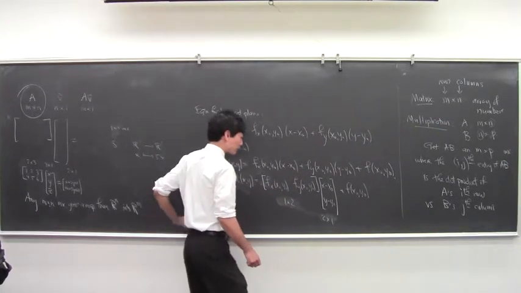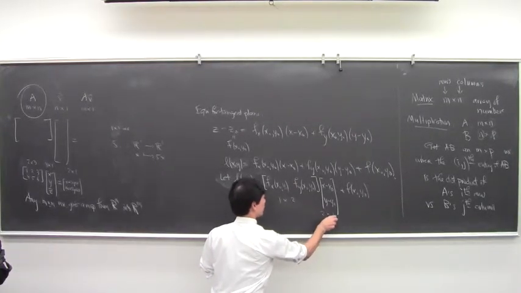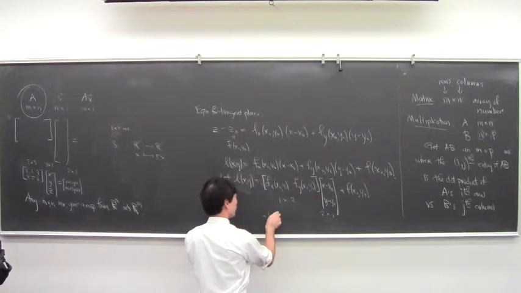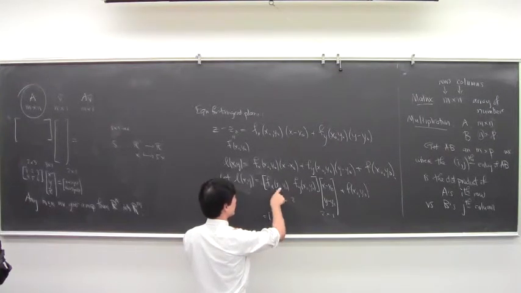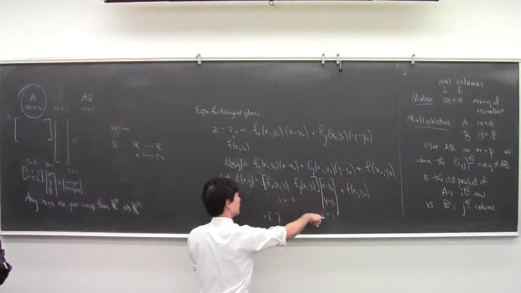Remember how matrix multiplication works. You've got a 1-by-2 and a 2-by-1. That's going to give you a 1-by-1, where the entry is the dot product of the first row against the first column.